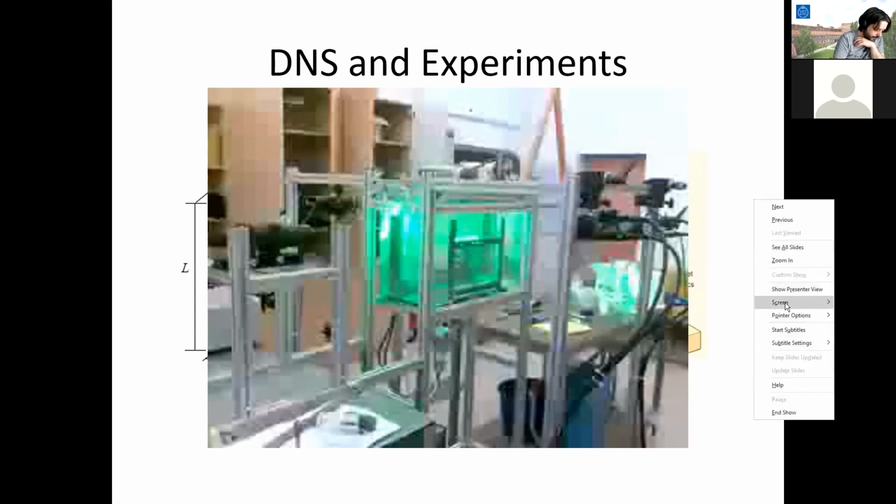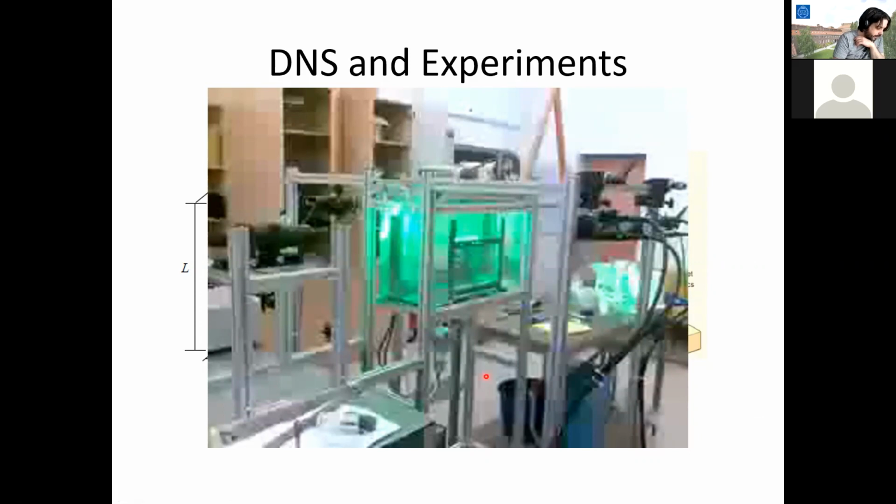This is an experimental facility where you have a box with fluid inside. It's illuminated by a laser to create the so-called laser sheet, in which we can then, using PIV, a specific measurement method which aims at identifying particle traces, and with those then the velocity. With this PIV, we can then measure the velocity field, essentially.